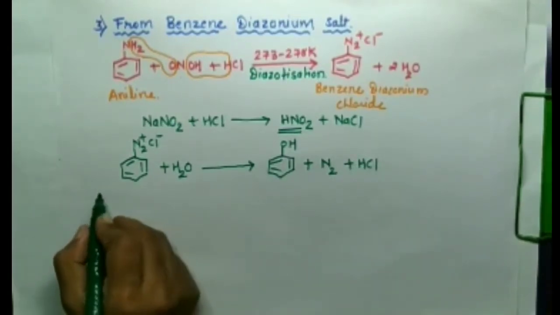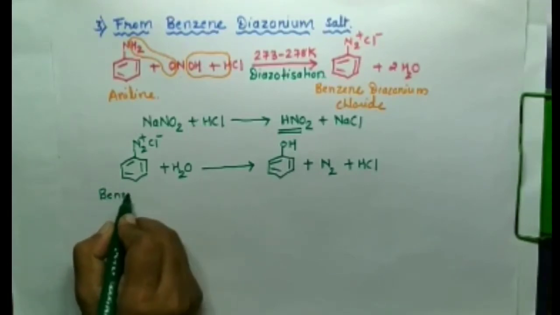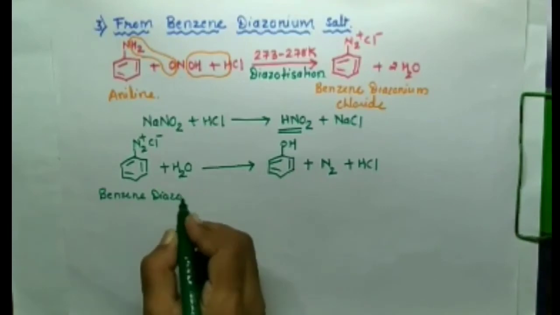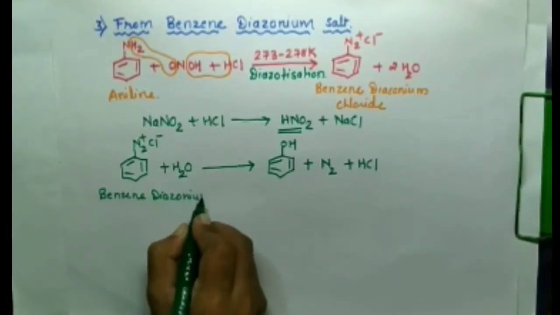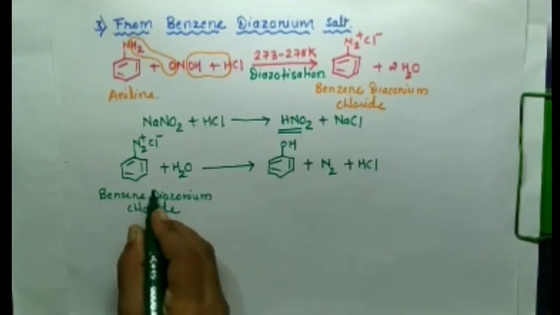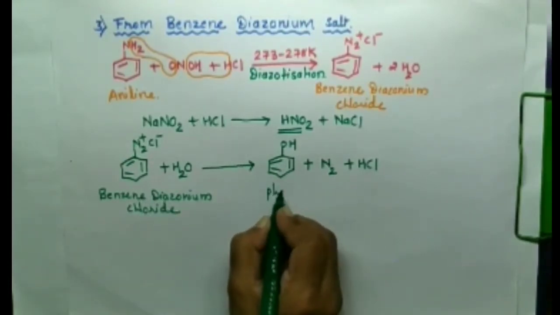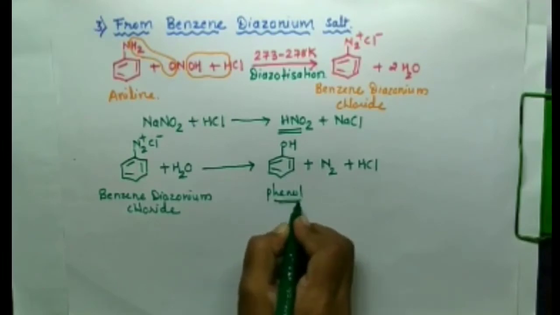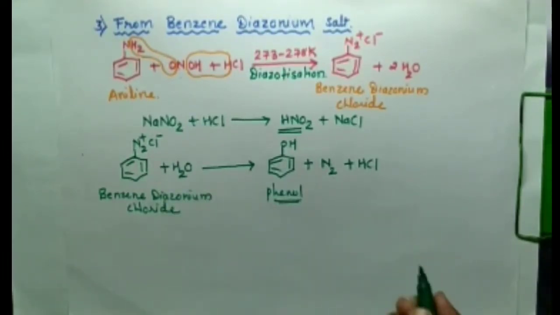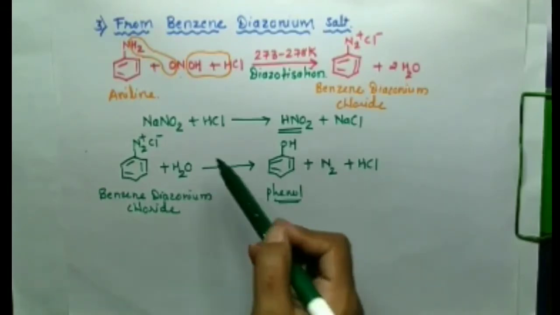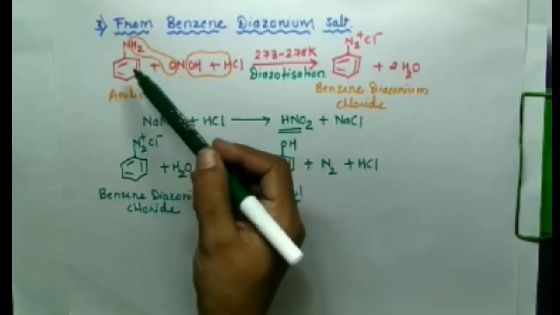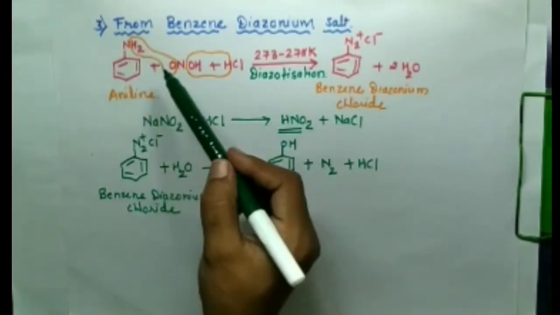So this is benzene diazonium chloride. This is converted into phenol. So this is how phenol is synthesized from benzene diazonium chloride just by water hydrolysis, and this benzene diazonium chloride is prepared from aniline, that is a primary amine.